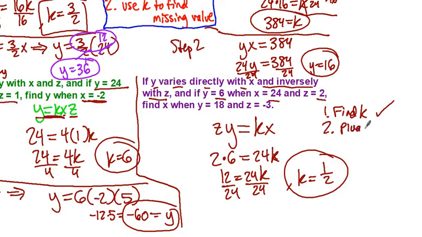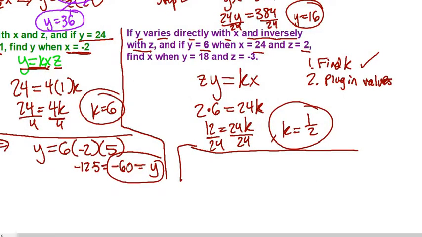Okay, second step is plug in the other values given to find using k that we just found. We're going to use that exact same equation, zy equals kx. That's the one that we needed to use. And we just found out that k is 1/2. What else are they giving us? They're telling us y is 18, z is negative 3.